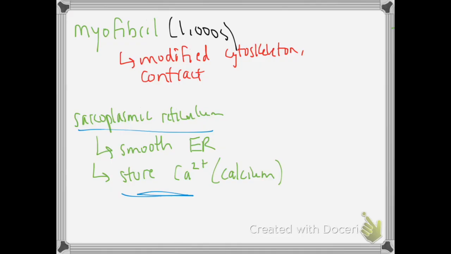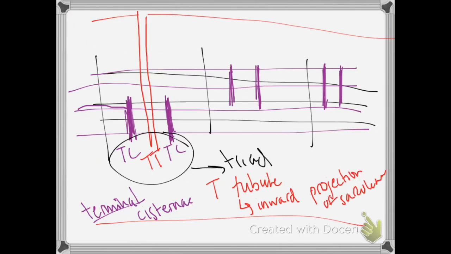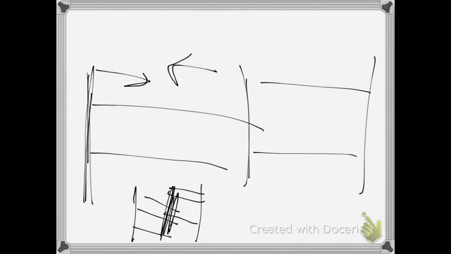So now the question is, how do we get the sarcoplasmic reticulum that has this stored calcium to release the calcium that can then bind to the troponin-tropomyosin complex and get this sliding filament thing going? What that's going to come from is a phenomenon called excitation-contraction coupling.